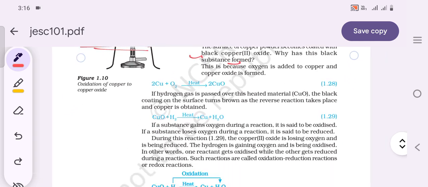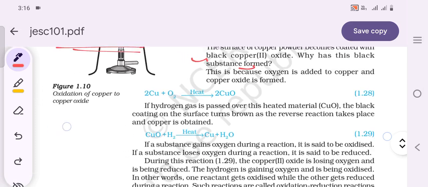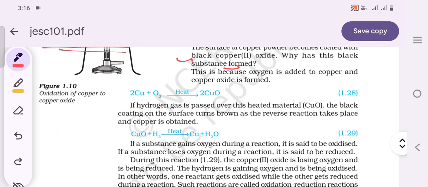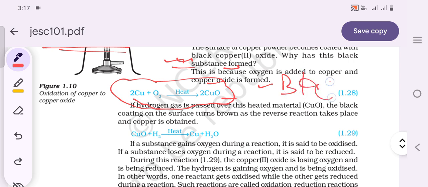Now let's understand some examples, like copper oxidation, which is given in your book. When copper is heated in air, in the presence of oxygen, it reacts with oxygen to form black copper(II) oxide, meaning its color will be black.